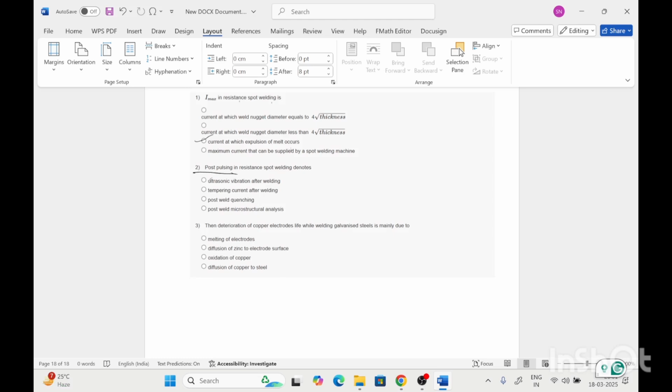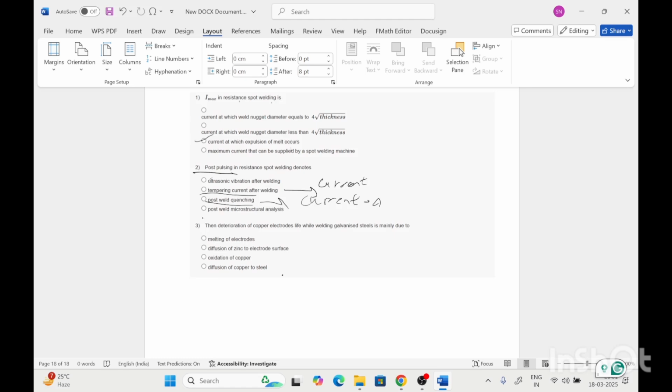The options are ultrasonic vibration, tempering, post-weld conjunction, post-weld microstructure. Is it ultrasonic vibration? No, we use tempering or quenching. In quenching, current is zero, but in tempering we provide an amount of current to give heat treatment after welding.